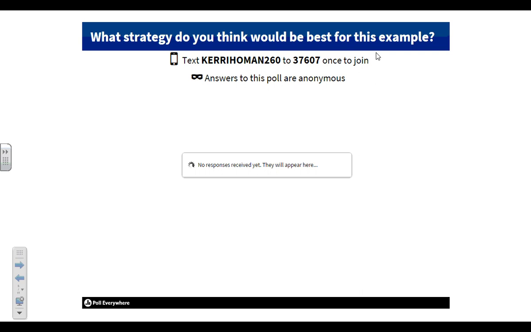Wait, is that all caps? I mean, I don't know if it needs to be. It doesn't need to be. Okay, so what strategy do you think would be best for this example?